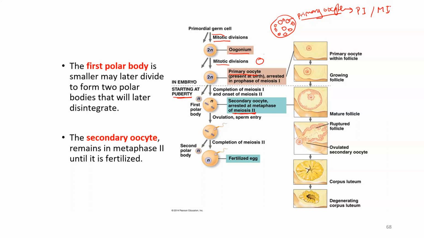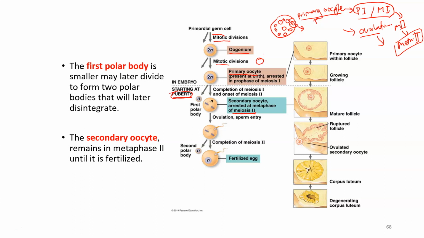Tapi bila seseorang perempuan tu reaches puberty, setiap bulan dia akan mengalami ovulation. That involves one follicle that will grow and mature, and the primary oocyte in the follicle completes meiosis 1 and starts meiosis 2, which stops at metaphase 2. Masa ovulation yang akan release adalah secondary oocyte pada stage metaphase 2, which occurs at puberty.